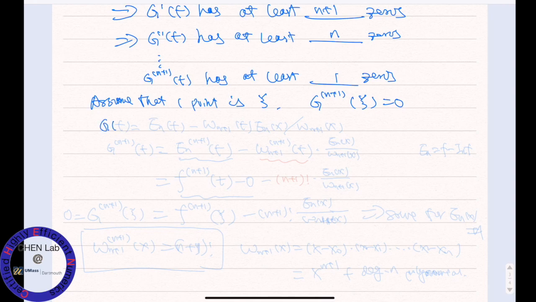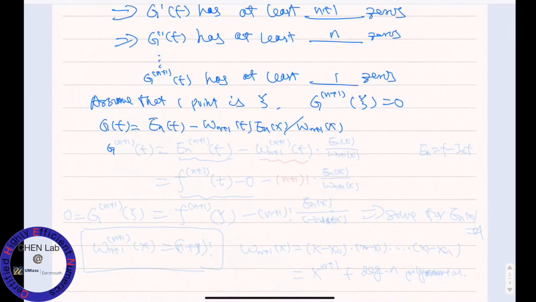So g of t is simply e_n of t minus omega_{n+1}(t) times e_n(x) divided by omega_{n+1}(x). We can differentiate that n plus 1 times, and interesting things will happen, right?